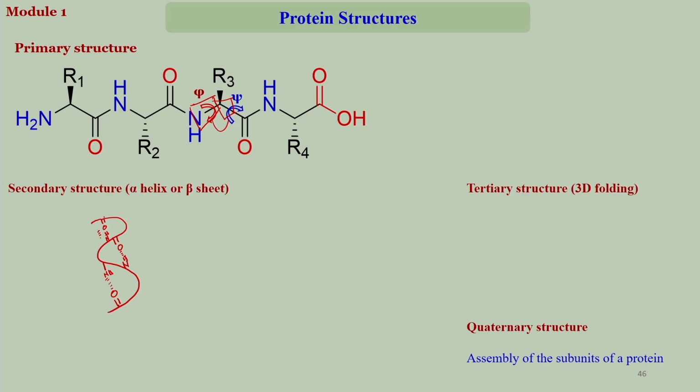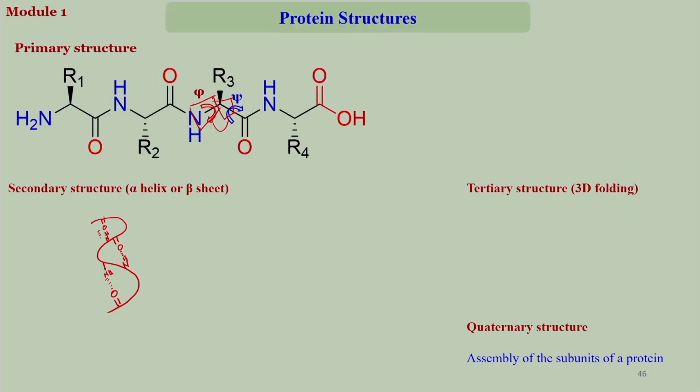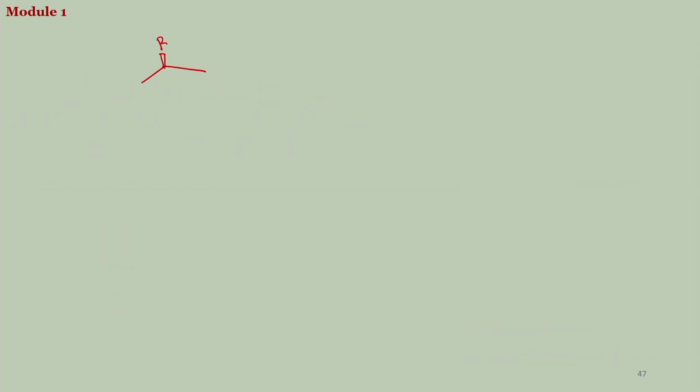If I consider one of these bonds, if you consider R, then what you have here is NH and a CO, NH, and it goes like this, and then you have a CO that goes like this. So if I make it, here is your R, here is your N and this H, C, here is your CO. It assumes this kind of orientation, let us say.